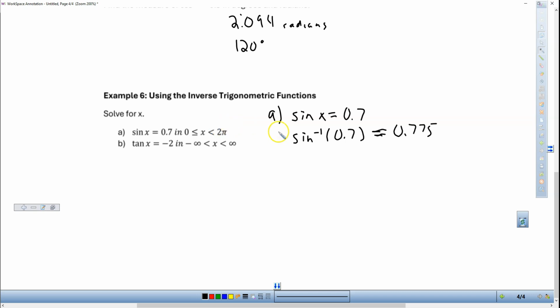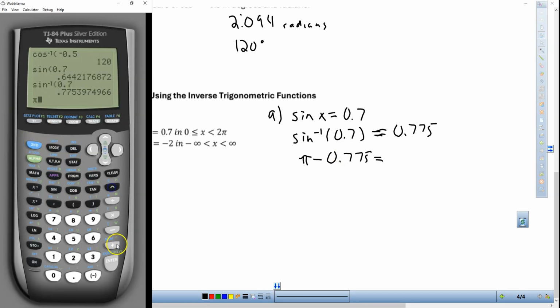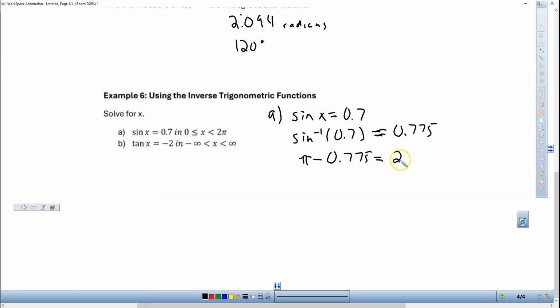We need to apply a pi minus that initial value, 0.775, and that should get us our new value. So let's just do pi minus 0.775. Actually, I can make that more accurate by doing pi minus the second answer here, so we make sure we get a nice, good value. So we got 2.366. And so that's my two values that are going to be solutions for x.